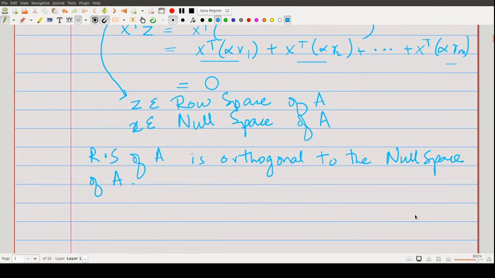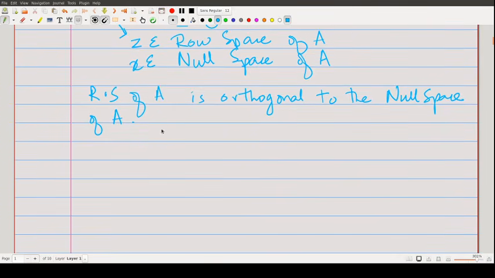At this point we're ready to define what we mean by orthogonal subspaces. The definition is about two subspaces of R^n.